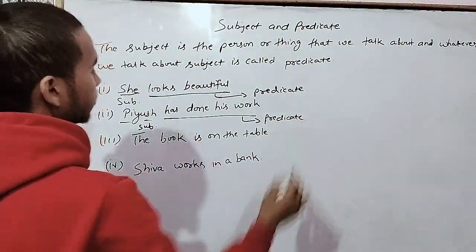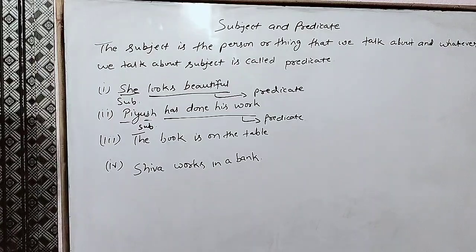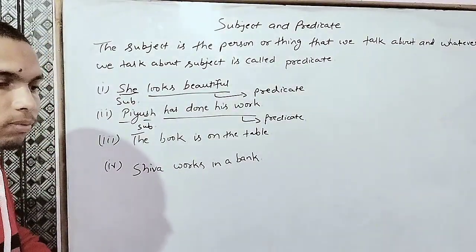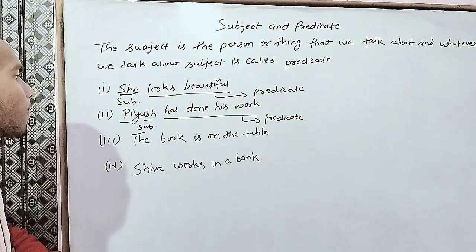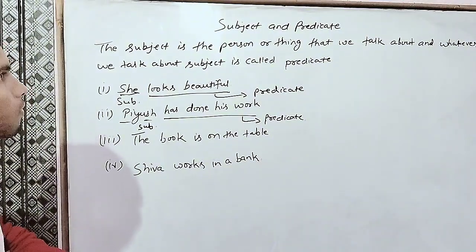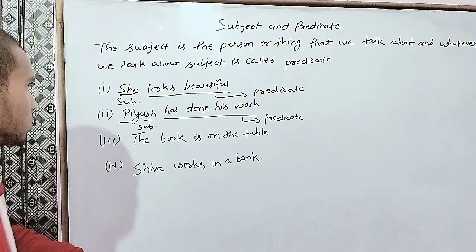The meaning of predicate is that we are talking about the subject. Predicate explains about the subject.